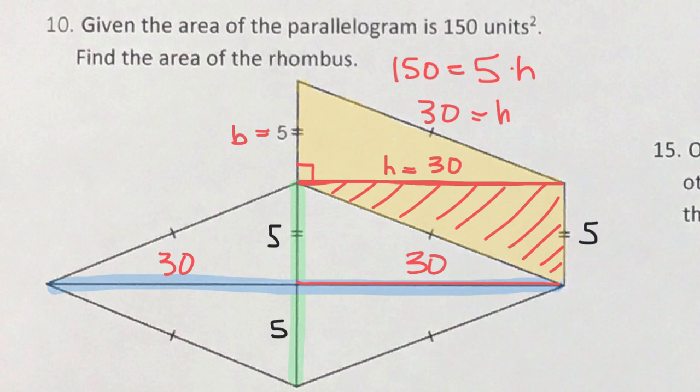Okay, if the top side is 30, and the right side is 30, that means the left side is 30, and we have a diagonal of 60. So half of 10 times 60 must be 300 square units as the area of that rhombus. 1/2 of 10 times 60, or 10 times 30, is 300.